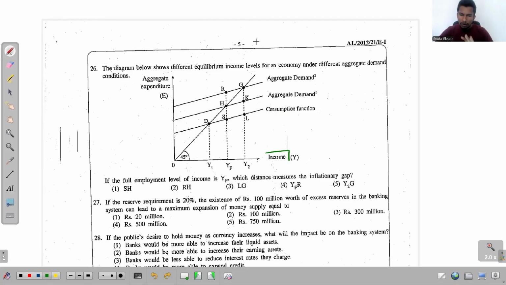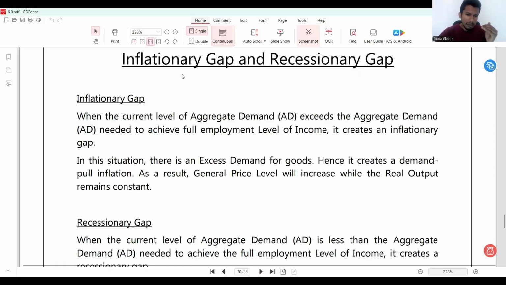So before we look at all the given options, we will quickly go through the note and then let's come back to the given options. So this is about the inflationary gap, and I'm telling you, when the current aggregate demand exceeds the aggregate demand needed to achieve full employment level of income, it creates an inflationary gap.